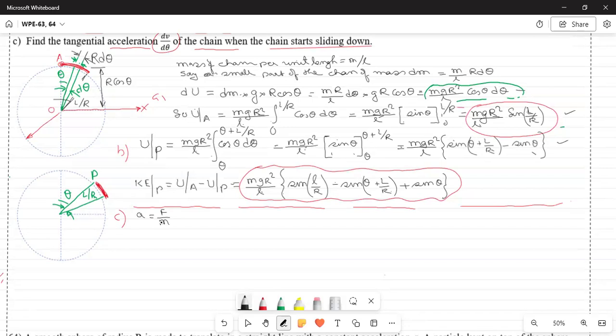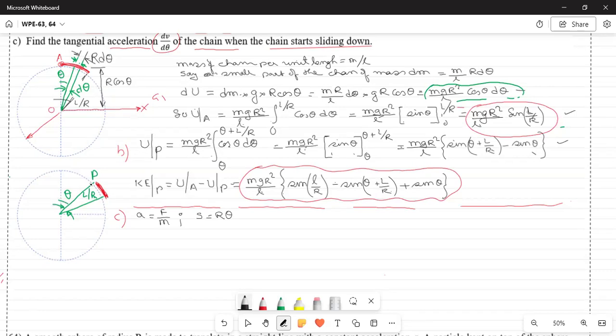Secondly, s equals R theta. S is the displacement, and theta is the displacement in angle, in radians. S is the linear displacement over the sphere.